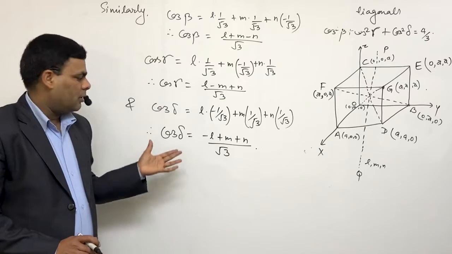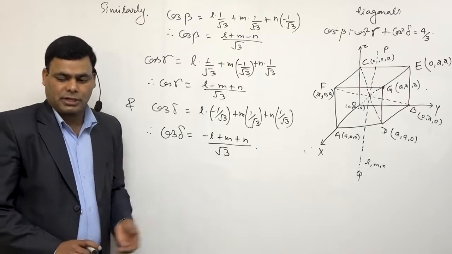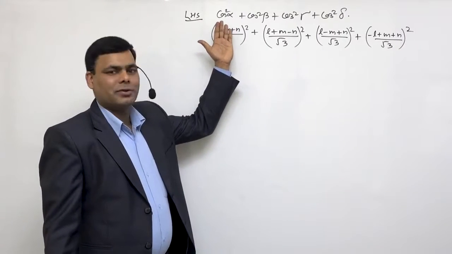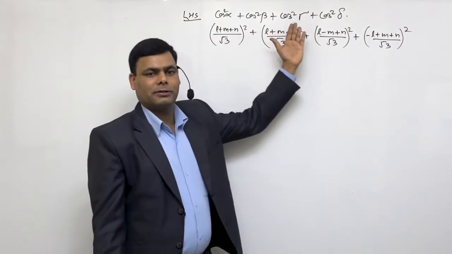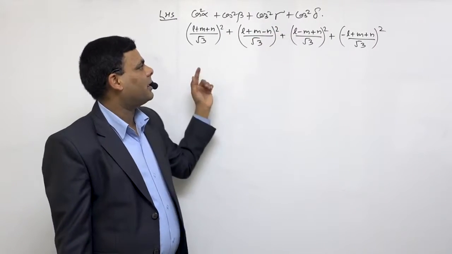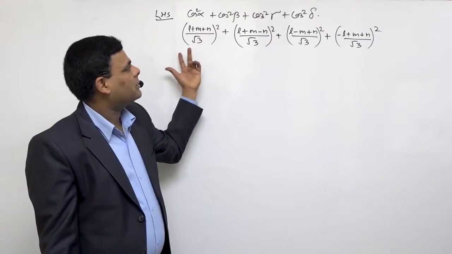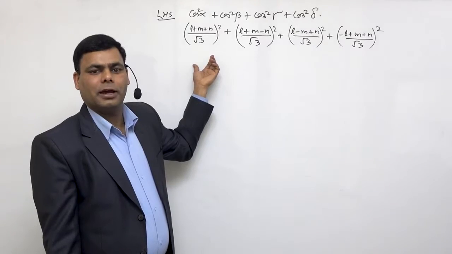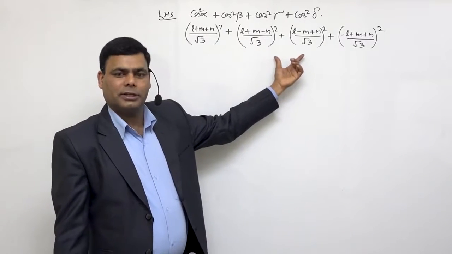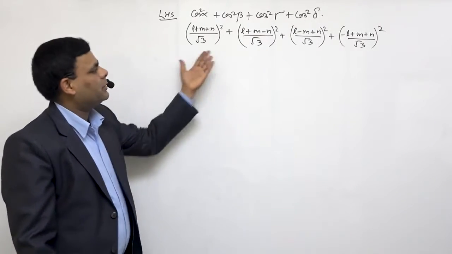Now substituting all these values in the LHS of the question. The LHS is cos square alpha plus cos square beta plus cos square gamma plus cos square delta. Substituting the values, we get this.